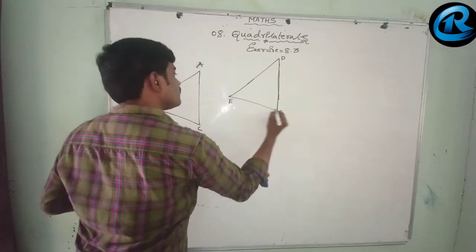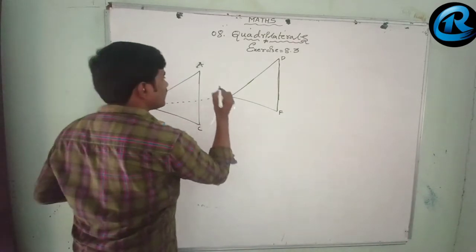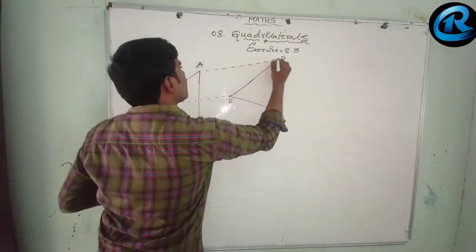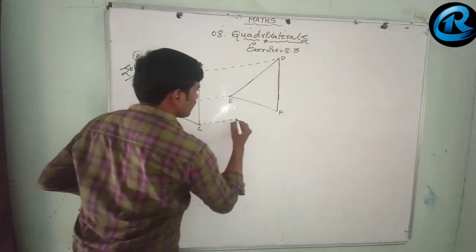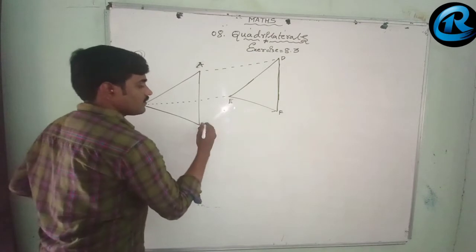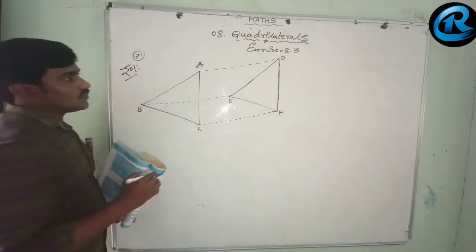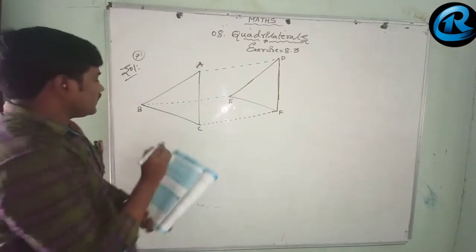DEF. So let us join BE and AD and CF. Okay, so let us see now in triangles.